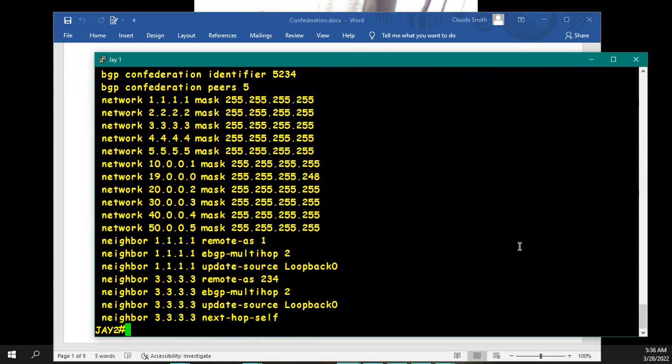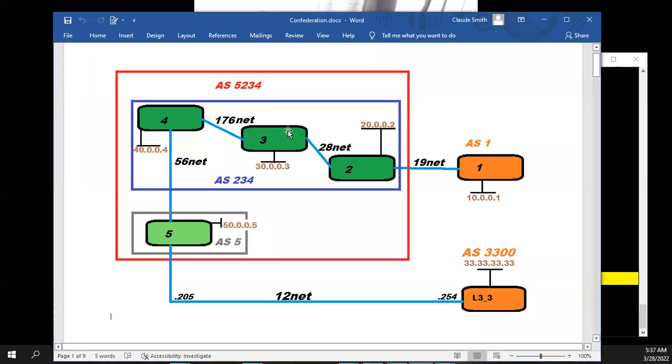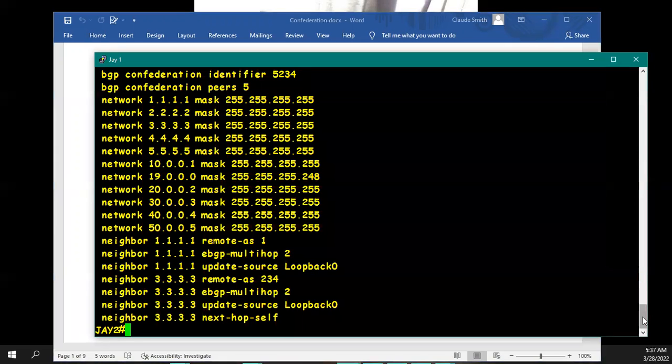So like I was saying earlier, we have our peerings, router 1 and router 3, which you see here, router 1 being your autonomous system number 1, and router 3 being your internal brother or sister router, IBGP speaker. Okay. Now here's the thing.